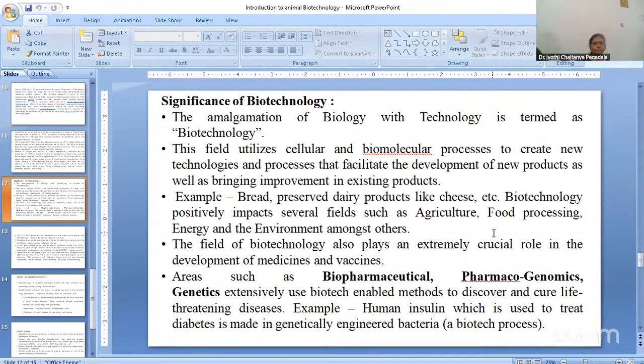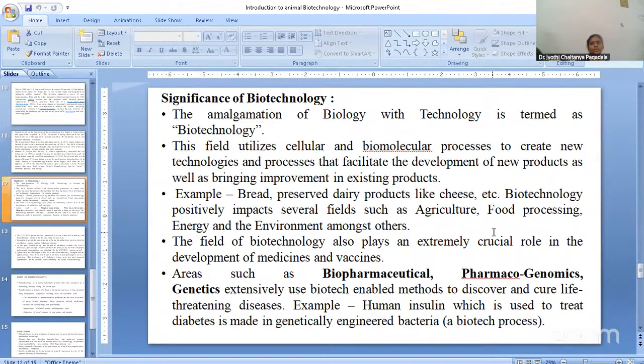Here, from the basic biology to the improvement of new products, with different types of technology and processes facilitated by biotechnology.